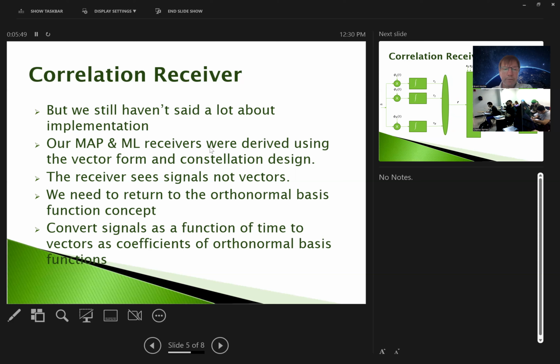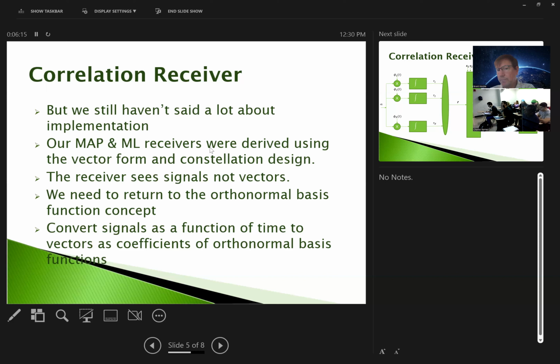Our MAP and ML receivers were derived using the vector form and constellation design. That's easy. We like working with vectors. You may not think so, but the alternative is worse. But we build up these tools, and we know how to work with vectors, and we know what they mean, right?